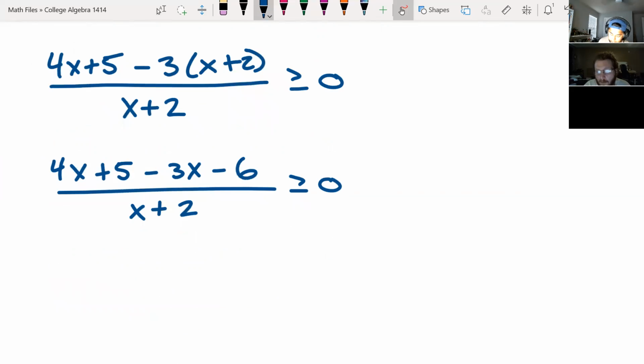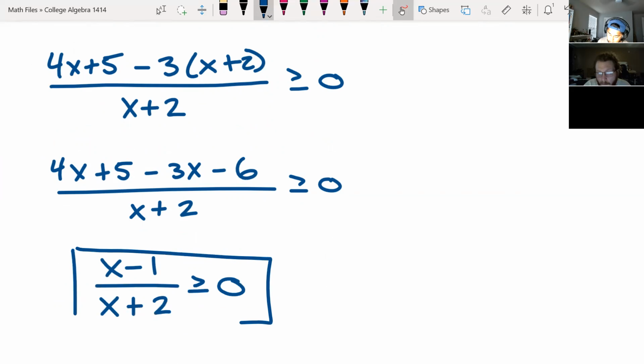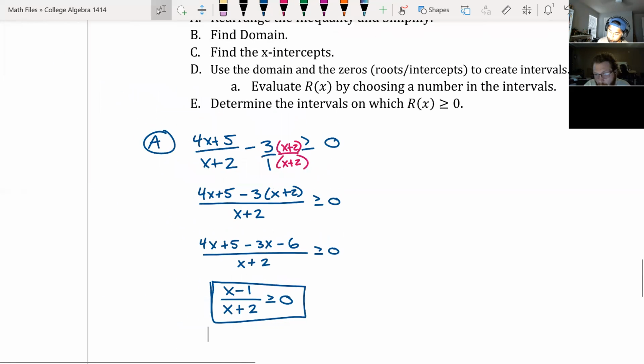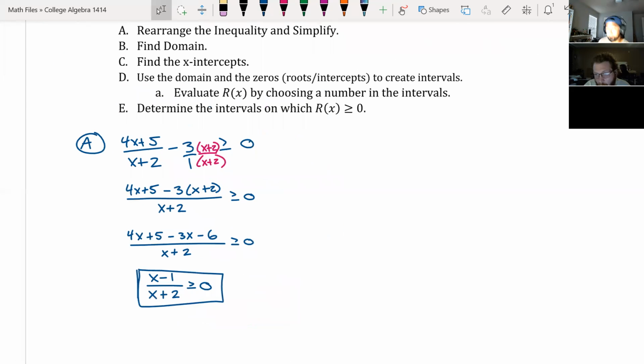And then combine like terms. We're going to get (x - 1)/(x + 2). There's our new function. This is a new function we're going to work with.